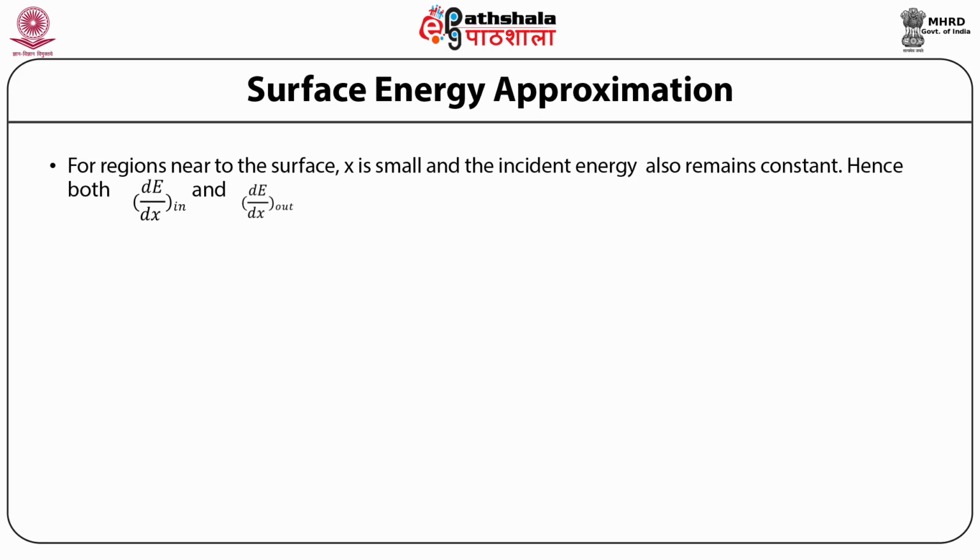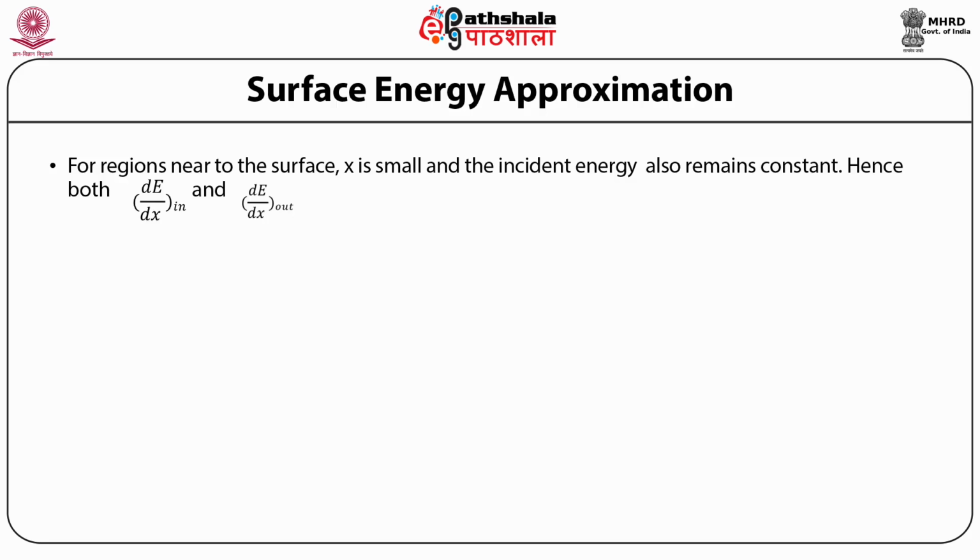Surface energy approximation: for regions near the surface, x is small and the incident energy also remains constant. Hence, both dE/dx and epsilon at the inward and outward paths are taken at kinetic energy E0.